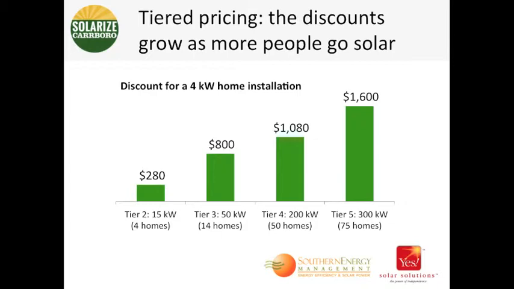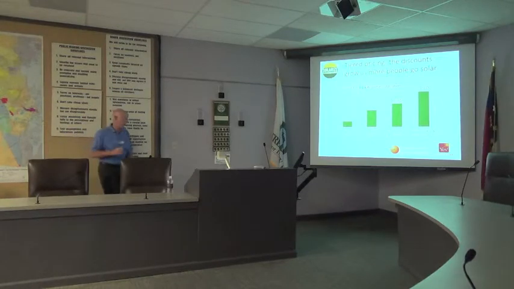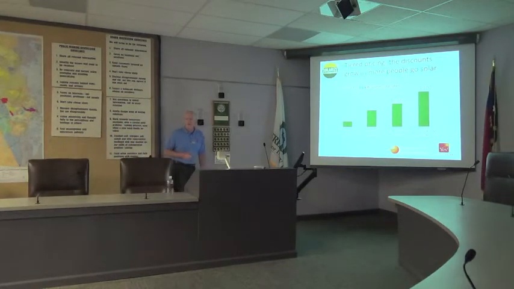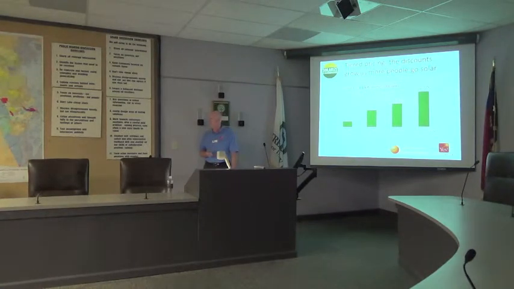If we get to tier 3, about $800 off that price I showed you on the previous slide. And if we can get to tier 5, which we should be able to in this community, you're going to save $1,600 off that already low price. So it's a great opportunity. If you ever wanted to invest in solar, this is really one of the best opportunities you're going to get, in my opinion.